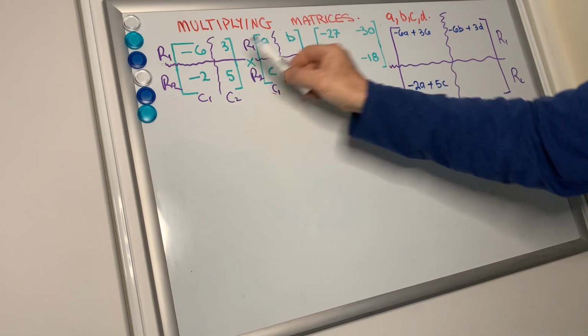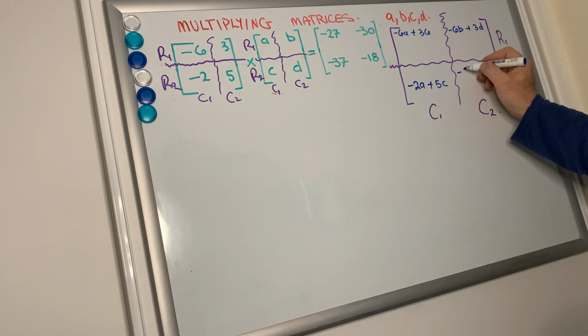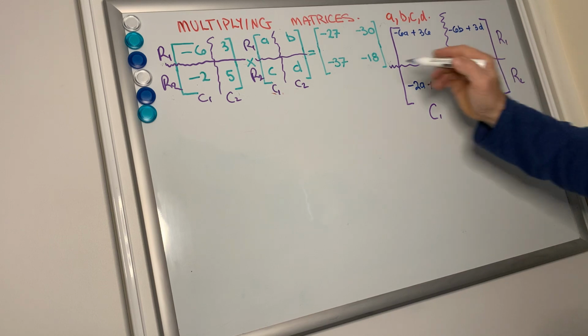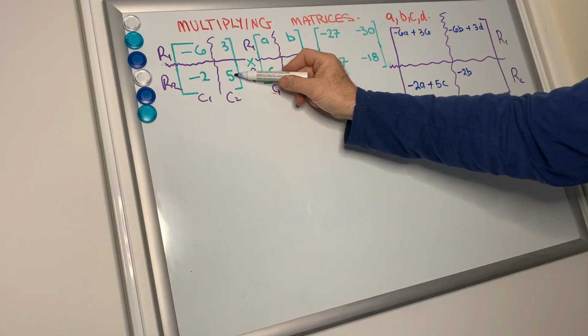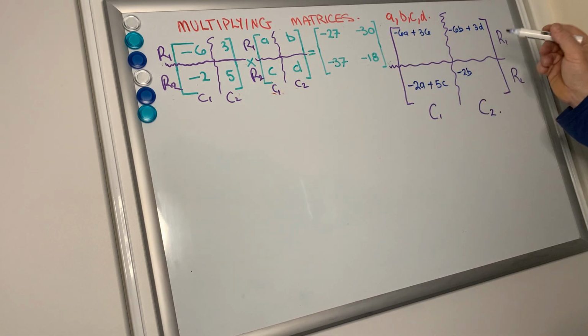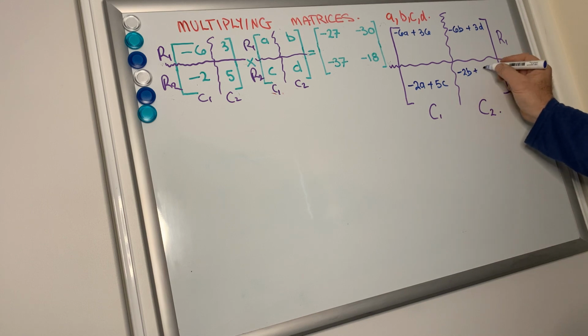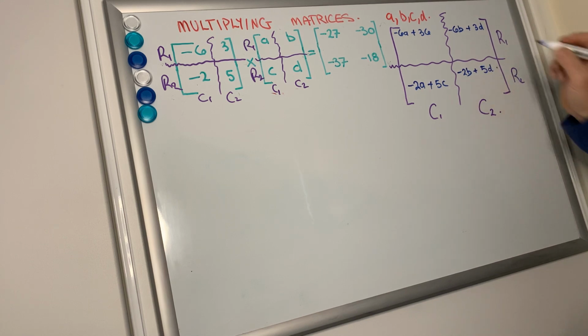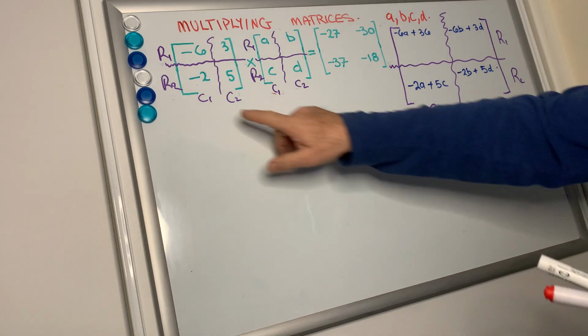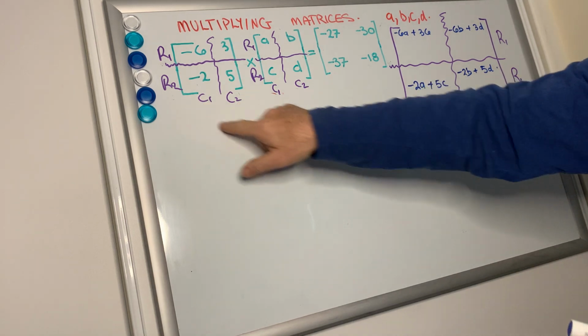So it's now minus 2 times B is minus 2B, and then 5 times D, plus 5D. So that's actually our matrix. That's multiplying these two together here.